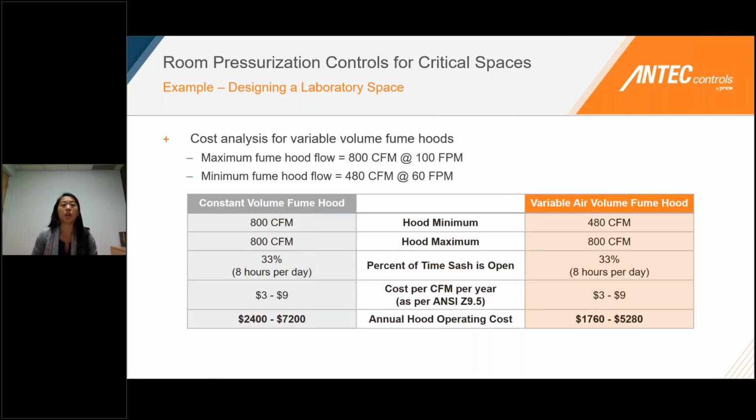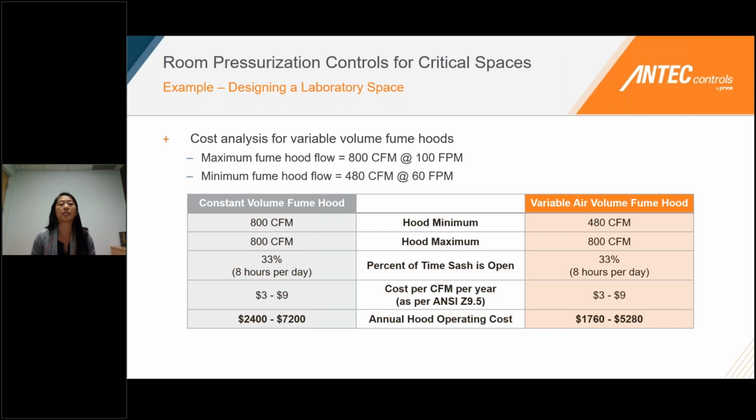So just want to touch on a little bit of the cost analysis between a constant volume fume hood and a variable volume fume hood. So we are seeing the industry move more towards variable volume fume hoods anyways, but in the case where it's not, you can see here where we assume that the sash is only open 8 hours per day, and again using the cost per CFM as per ANSI Z9.5 being $3 to $9 per CFM per year.